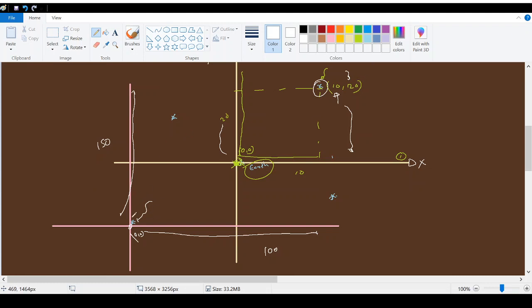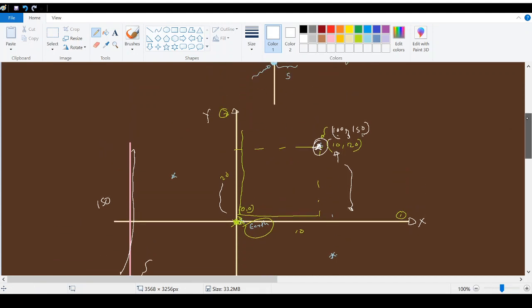So according to this origin, the positioning of this object will be 100, 150.